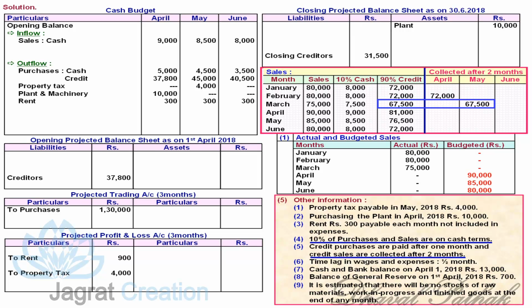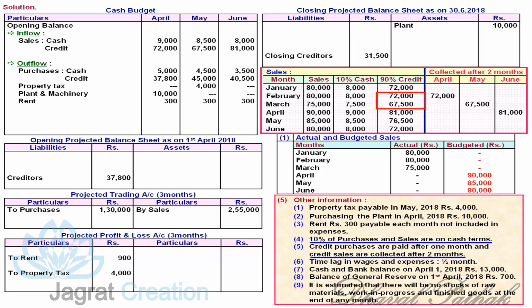March credit sales will be collected in May. Then April credit sale will be collected in June. So here 72,000, 67,500 and 81,000 is a cash inflow that I write in my cash budget. Total sales for 3 months I write on the credit side of my trading account. There are no stocks, that you know very well.